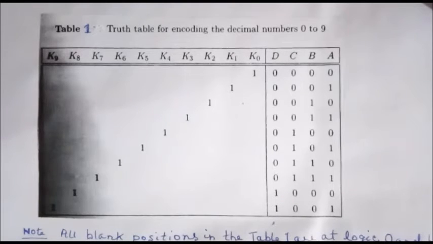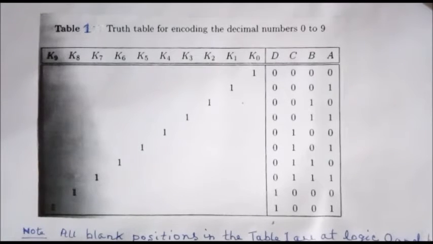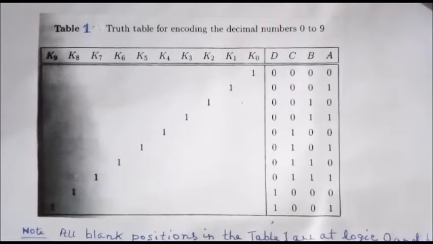But you can write these inputs and outputs in the reverse order also. That means you may start from K0, then K1, K2, K3 and go on writing. In that case you will write K9 in the place of K0, as shown in this figure, and similarly you will start with A, B, C and then D. That will not make any difference in the calculation or the Boolean expressions.